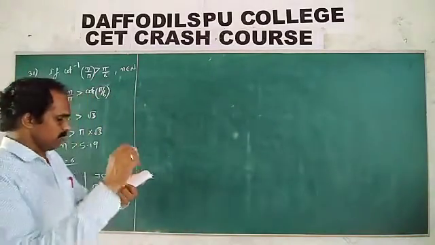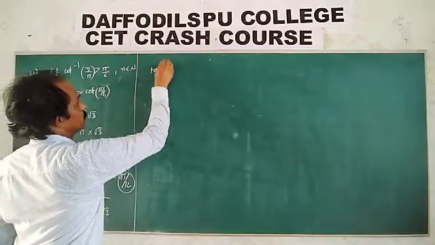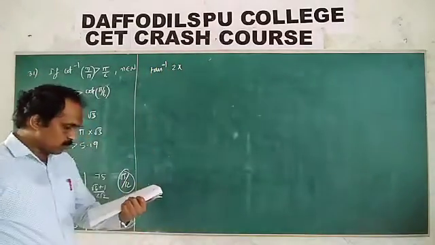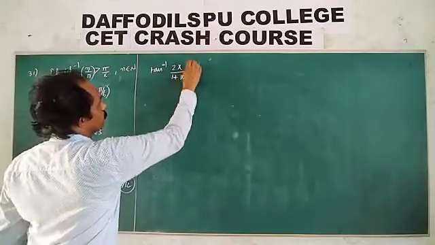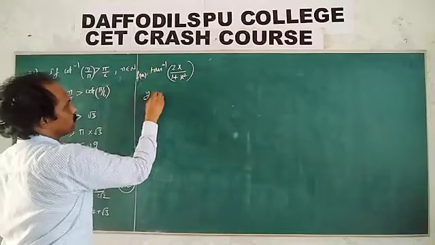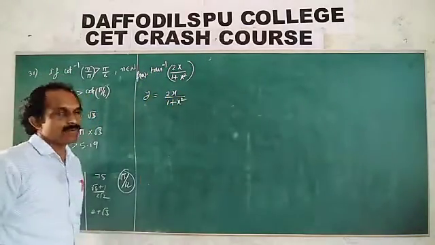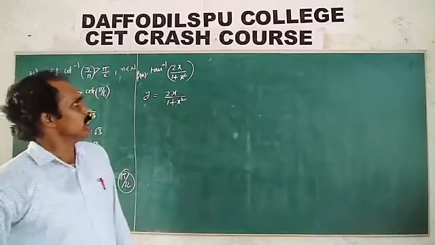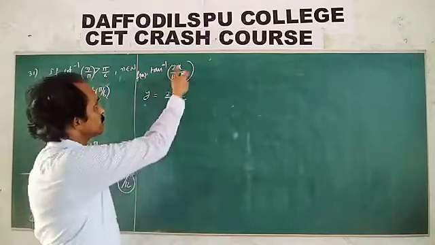Next, 33. Range of tan inverse of 2x by 1 plus x square. Suppose this is the function f of x. Let y equal 2x by 1 plus x square. They ask the range. First of all, find the domain of x, that is nothing but the range of this one.